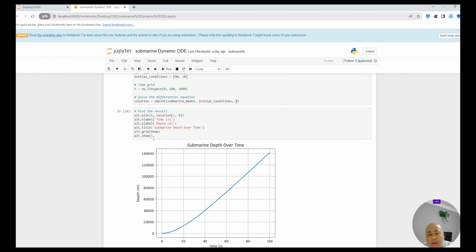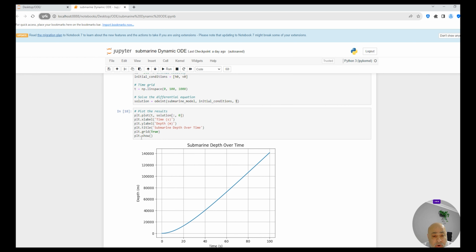And regardless of the number of parameters that you have to pass into your odeint function, you can do it. So it makes a complicated equation solution using Python look very simple.